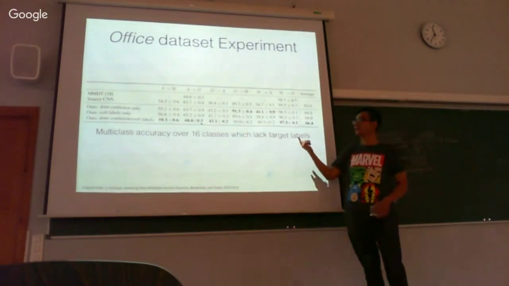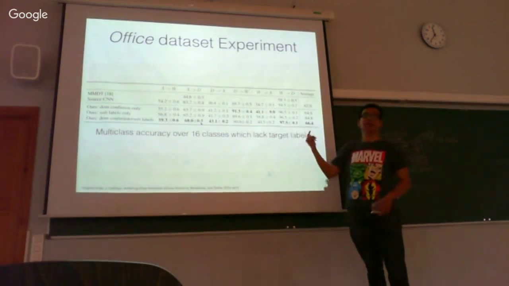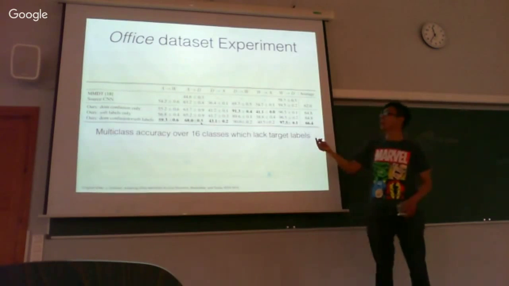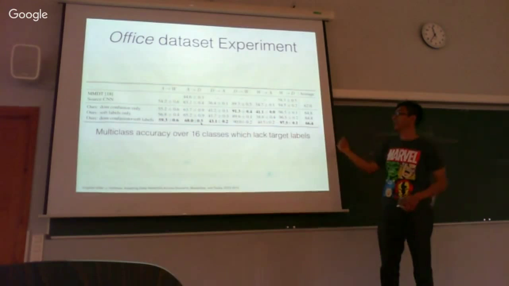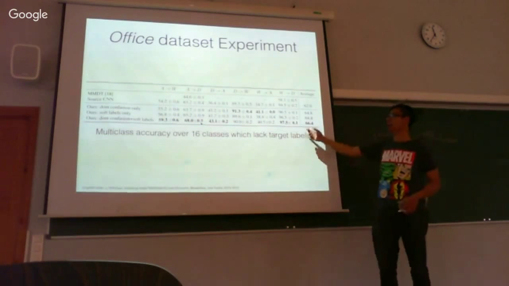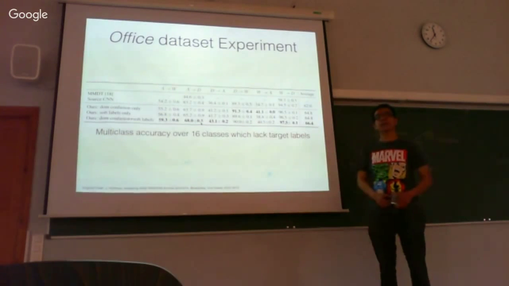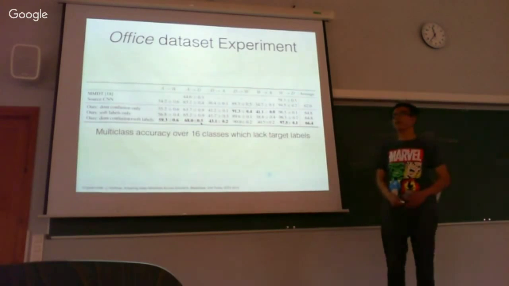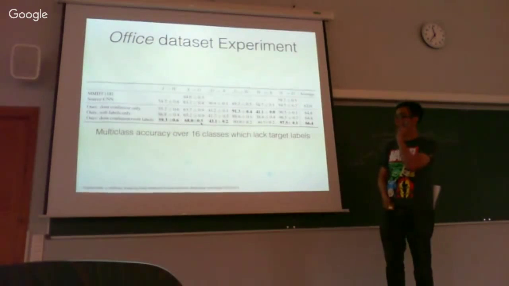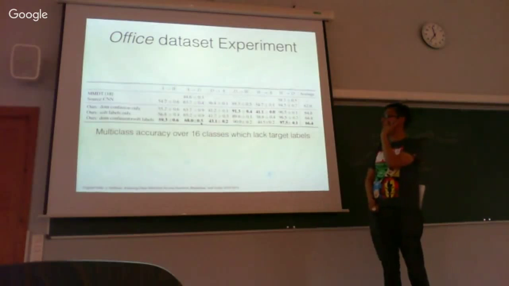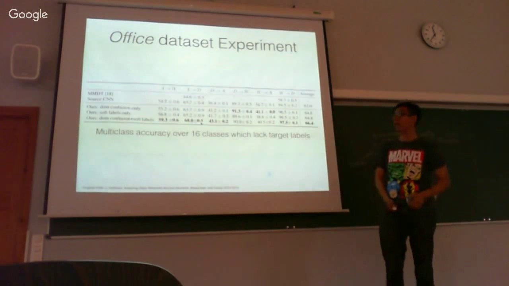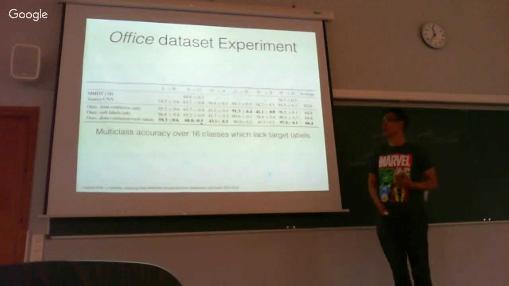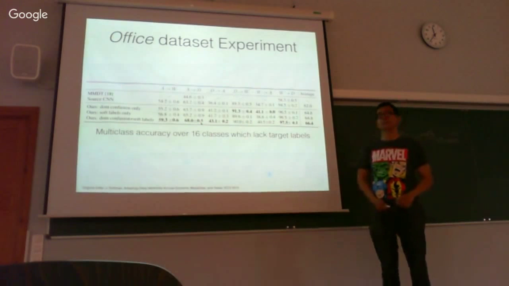The second one comes from Amazon and adapts to DSLR. The last one here comes from webcam and adapts to DSLR. Here they show the average precision in the test.